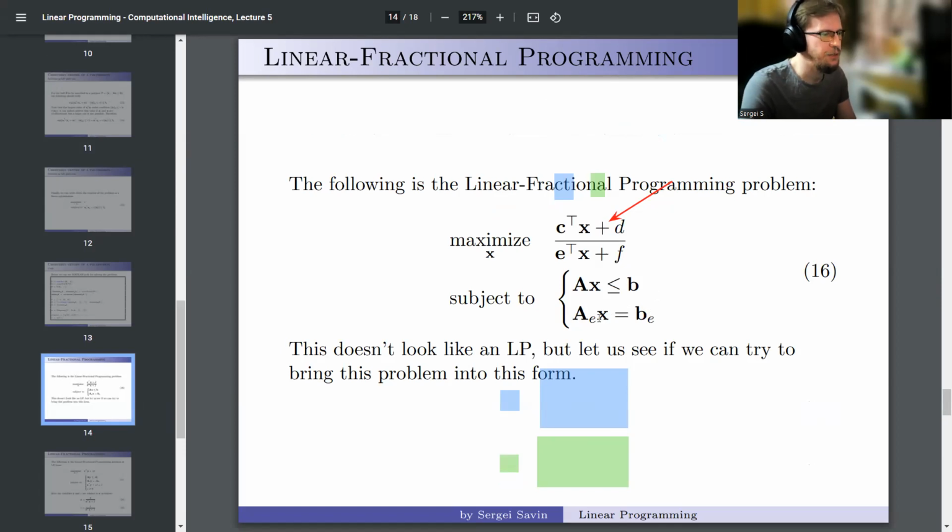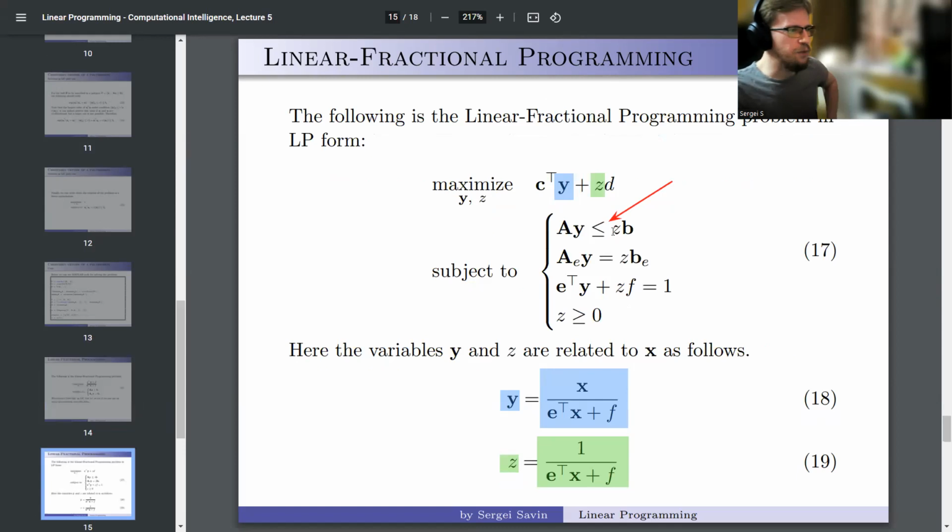So here it's proposed to replace it with this. Everything is the same, but there is z here. Strange. Same here. So z appears in front of b. We add an additional constraint that looks like this, and we say that z should be positive.